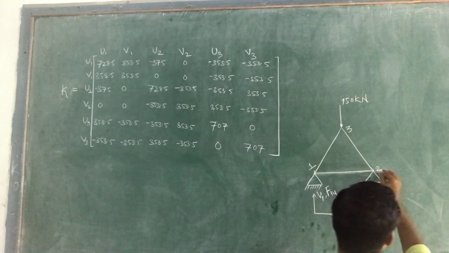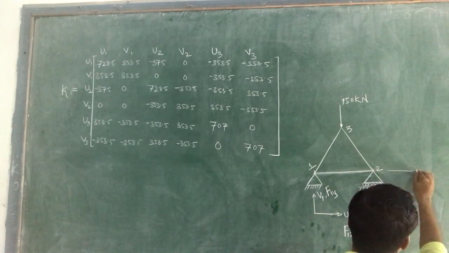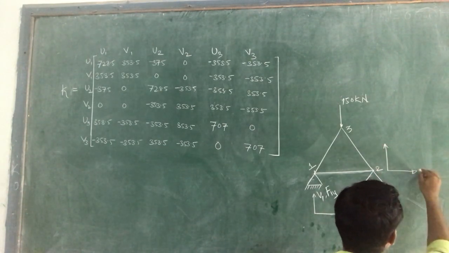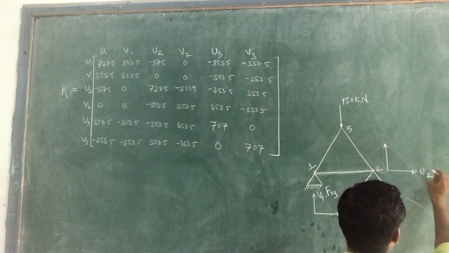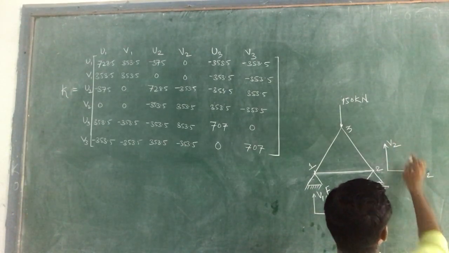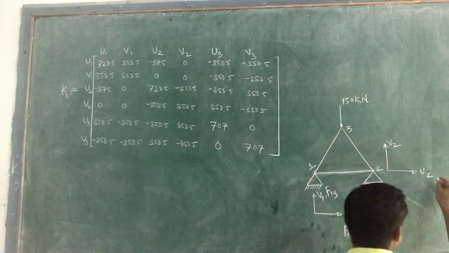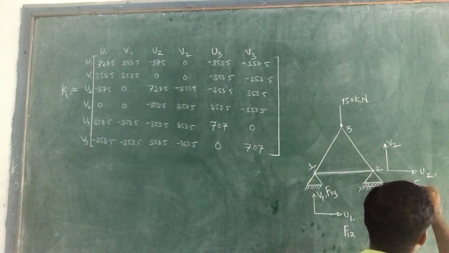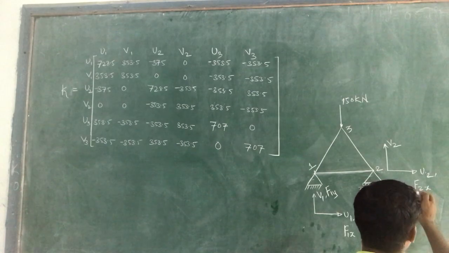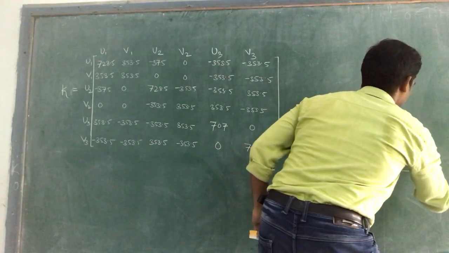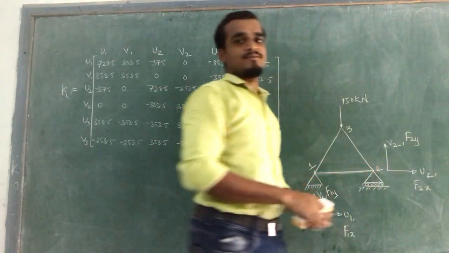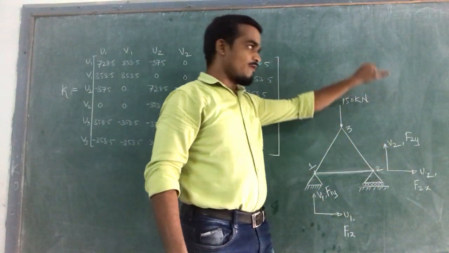Similarly, at node 2, U2 is the displacement in the horizontal direction and V2 is the displacement in the vertical direction. Similarly, F2x is the force acting at node 2 in the x direction, and F2y is the force acting at node 2 in the y direction.